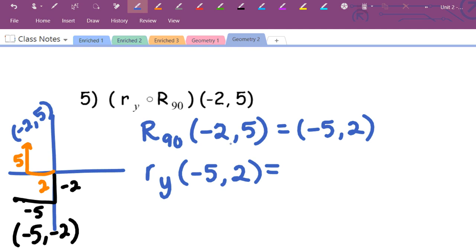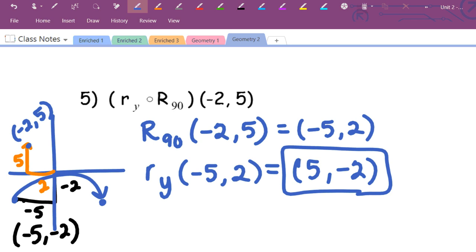So the point -5, 2 reflected over the y. Careful. This one here is going to get reflected over to here. This was -5, -2. Perfect.